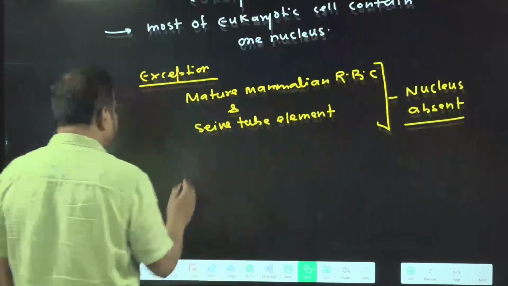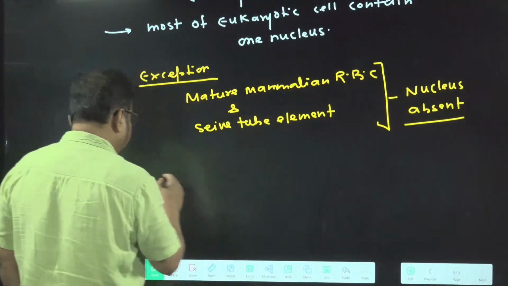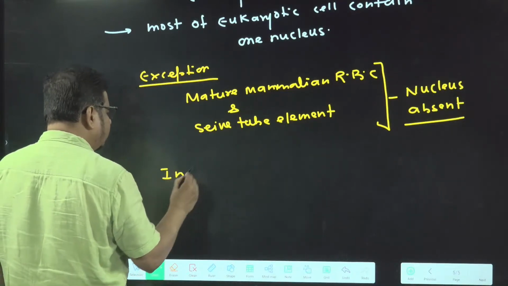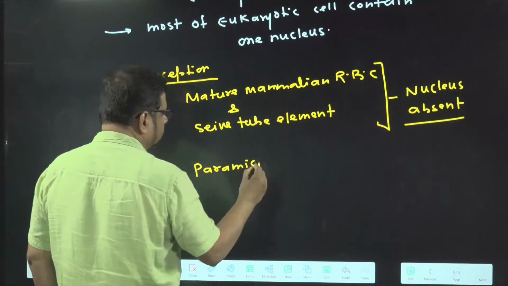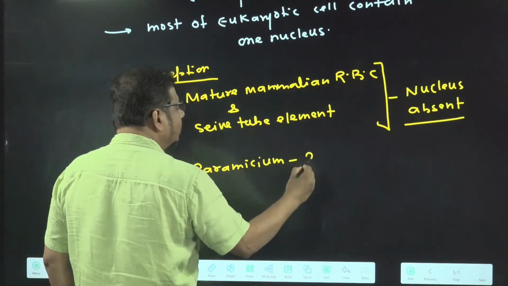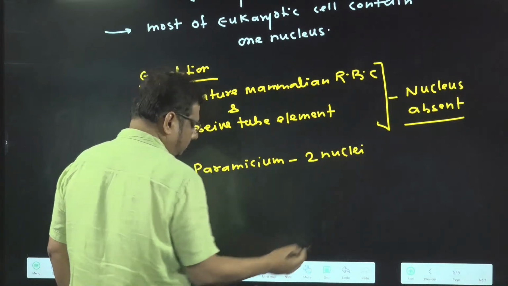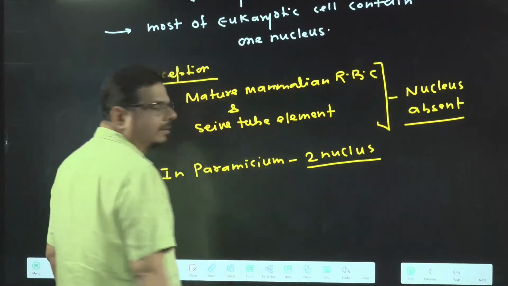Now I am giving you another exception where more than one nucleus is present. Another exception I am writing: in paramecium. How many nuclei are there? Two nuclei.